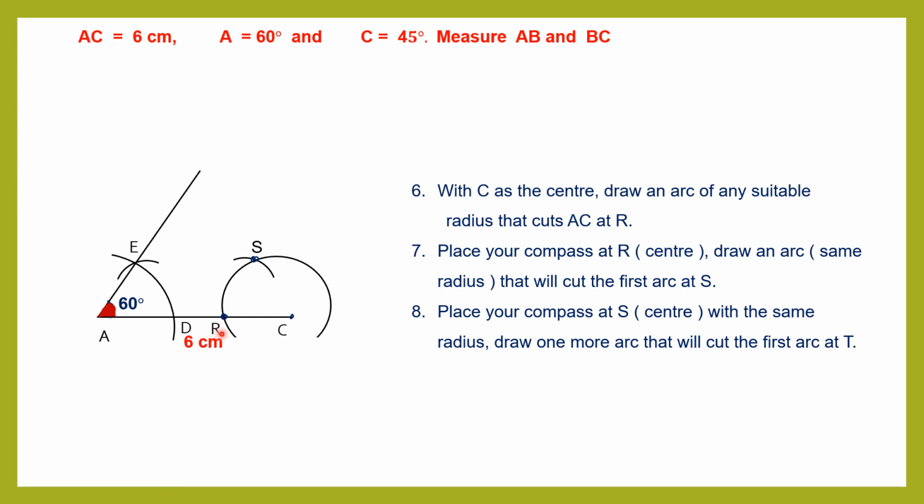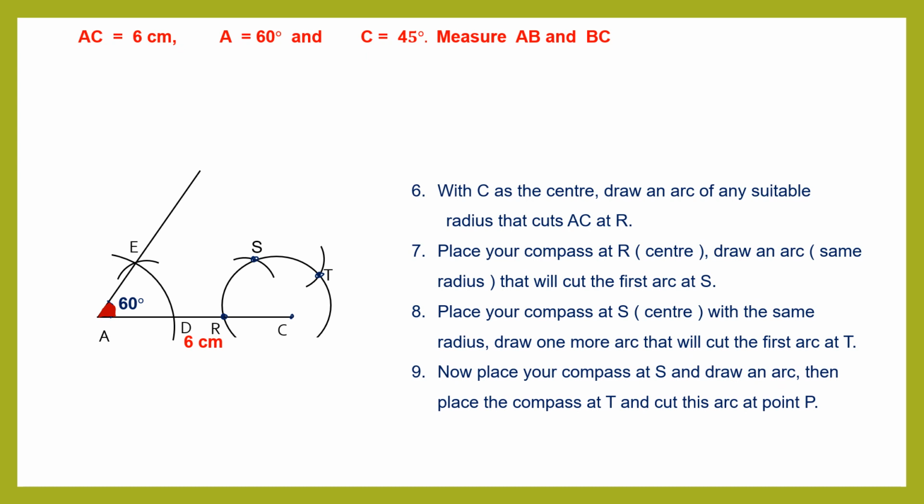First you kept it at R and drew this arc. Now we're going to keep it at S and draw one more arc which will cut this first arc. So let's do that. We have drawn an arc which has cut it here and we are going to name that as T.